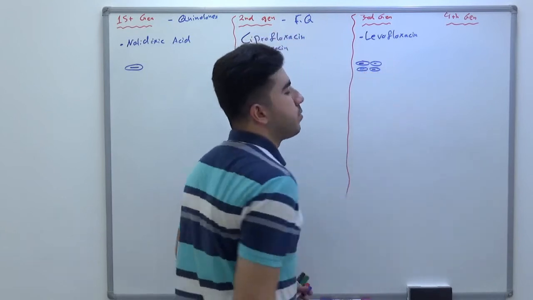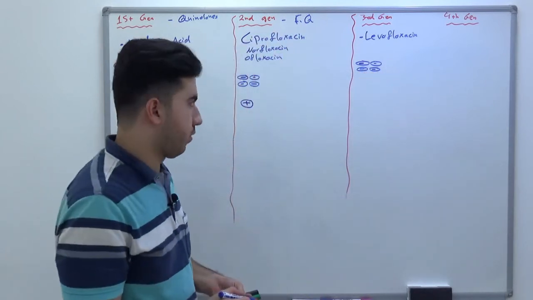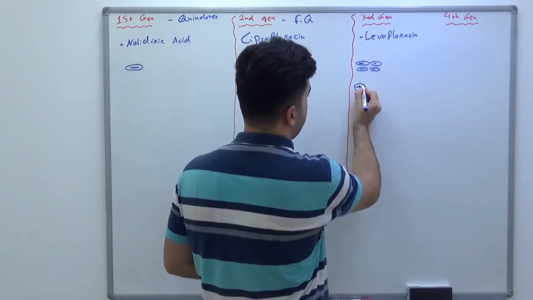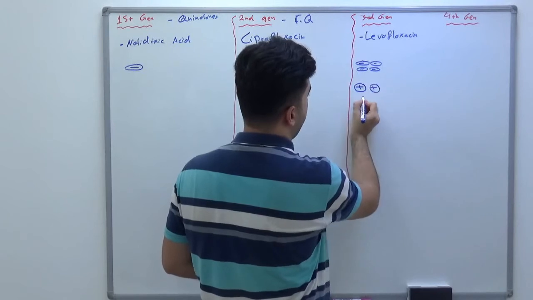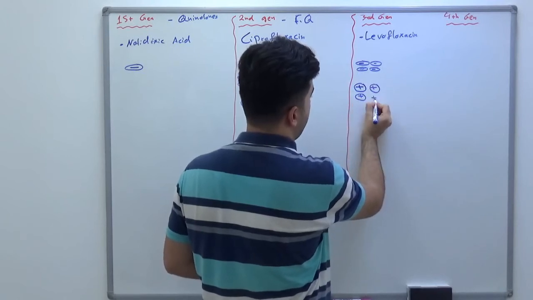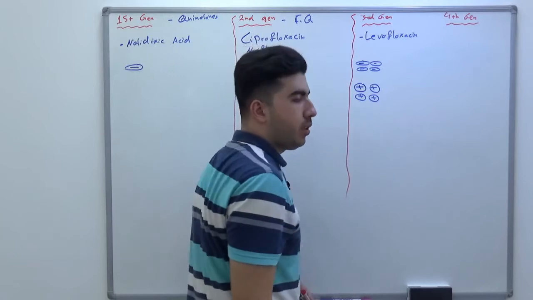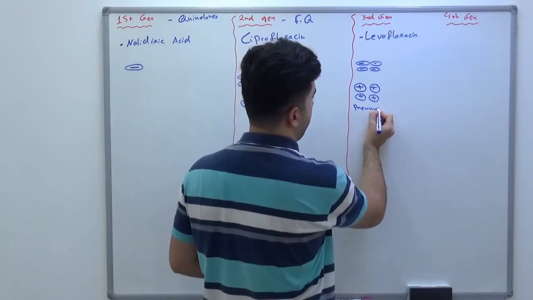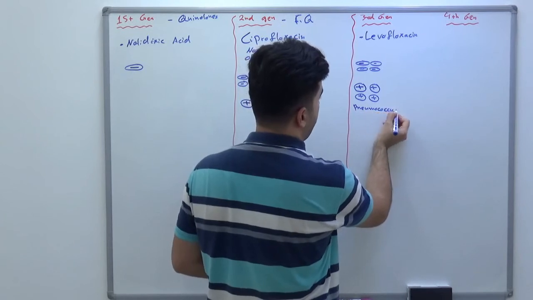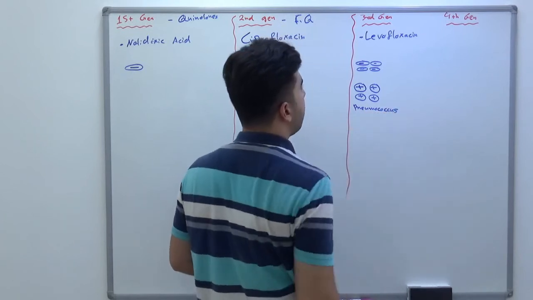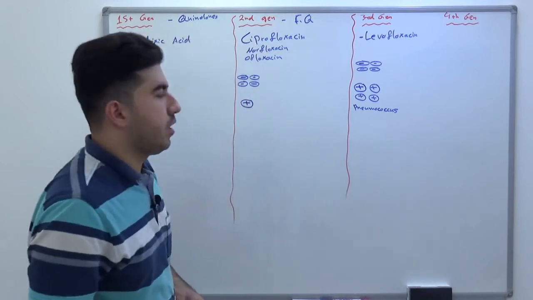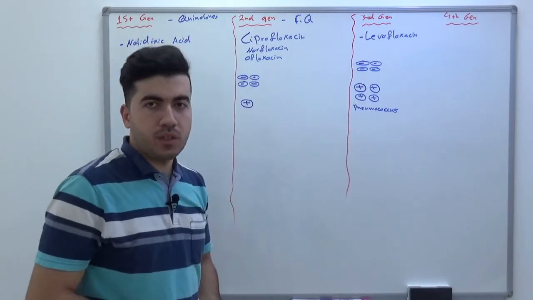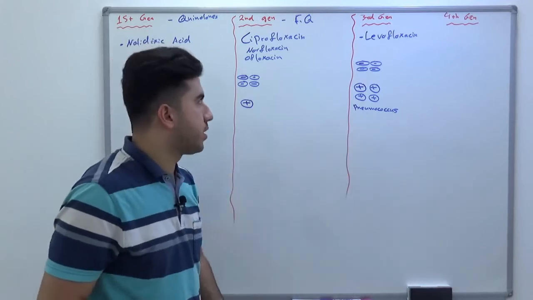Okay, but it's more effective against gram-positive. Many gram-positive cocci are covered by what? By levofloxacin, and including the pneumococcus. Levofloxacin is not only effective against the gram-negative rods, but also many gram-positive cocci, including the pneumococcus.